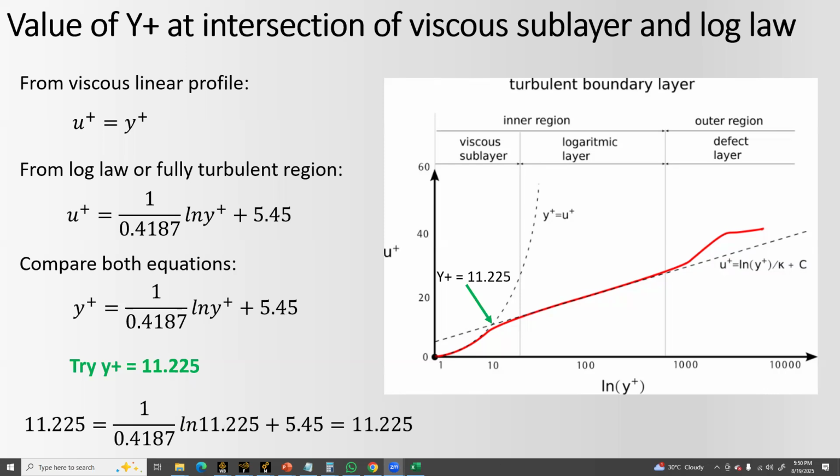Okay, I think CFX uses 11.06 for deciding whether we are in the viscous sublayer or the logarithm layer, and Fluent uses 11.225, or maybe the opposite. Okay, you have to check. This may be opposite. Maybe CFX is referring to this value and Fluent to this point. Okay, but there is not a lot of difference.